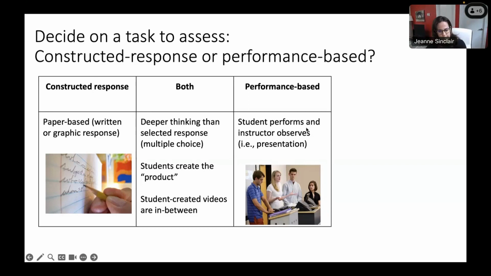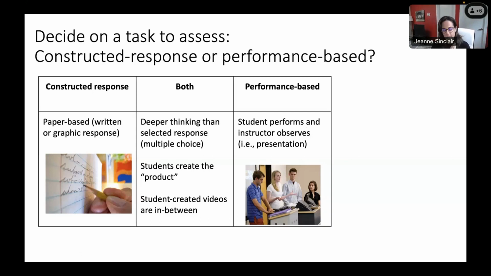On the right-hand side, performance-based is about doing things in the moment, i.e. making a presentation, or if there was a lab that you were actually observing, that kind of thing. And you're assessing and evaluating their performance right there in the moment. Both of these types of assignments, the constructed response and performance-based response, elicit deeper thinking than a multiple choice assessment.